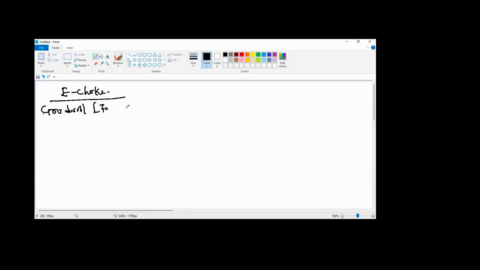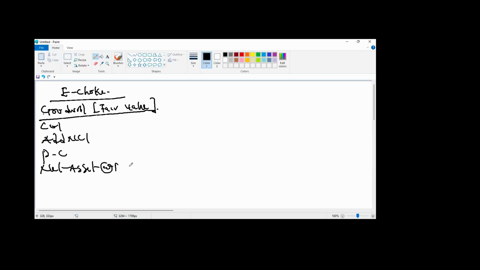This is fair value. The same formula. Say cost of investments, add NCI. This will give purchase consideration. I will less the net assets at the date of acquisition. Then I have my goodwill.